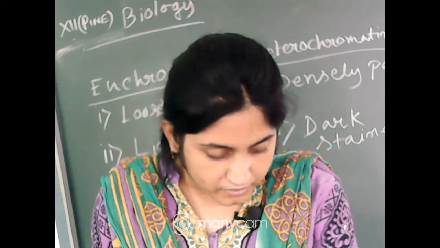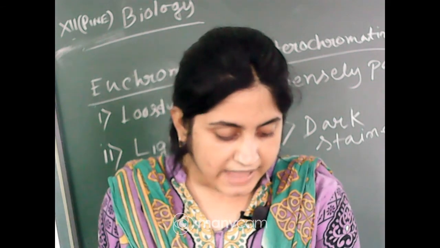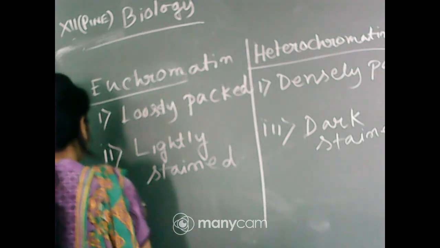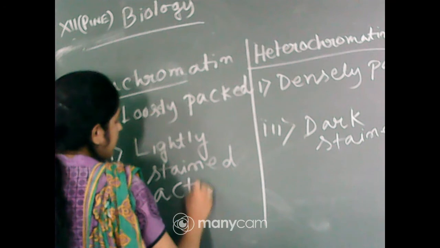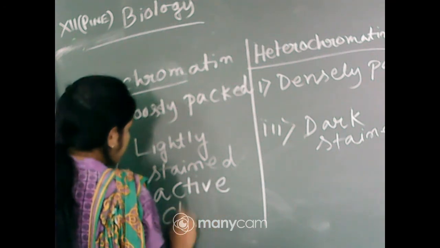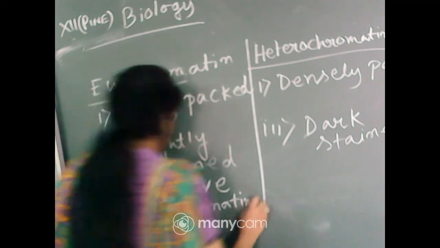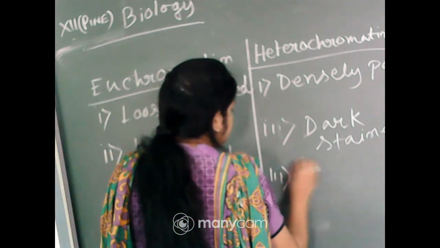And euchromatin is said to be transcriptionally active chromatin, while heterochromatin is inactive. That one is active chromatin and that one is inactive chromatin.